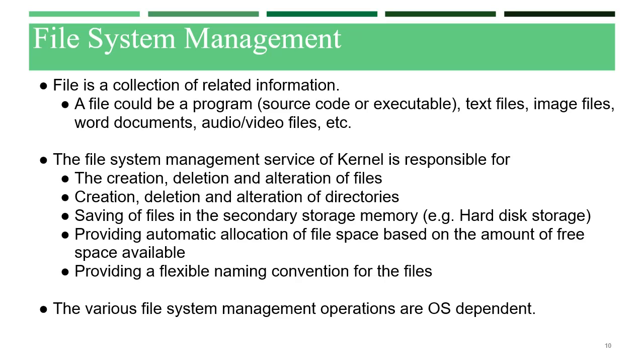The file system management services of the kernel are responsible for the creation, deletion and alteration of files, creation, deletion and alteration of directories, saving of files in the secondary storage memory, providing automatic allocation of file space based on the amount of free space available, and providing a flexible naming convention for the files.